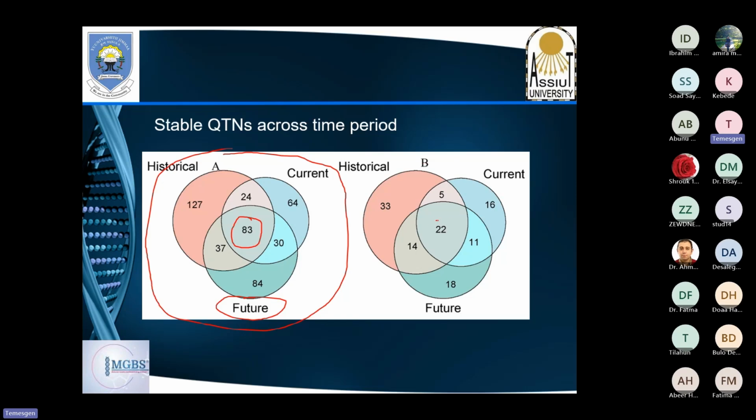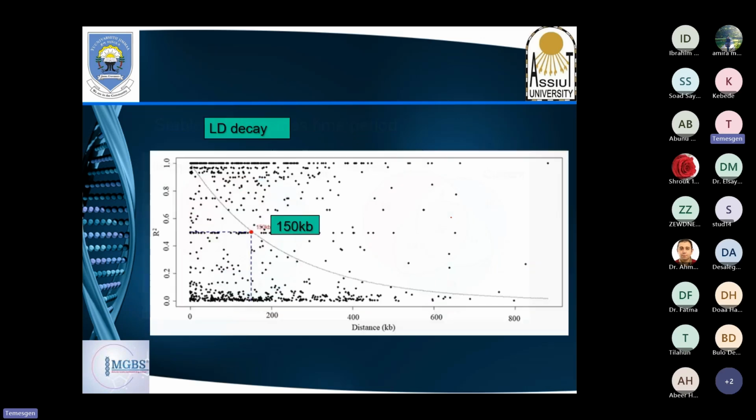Out of this, only 22 markers are more stable. That means they are adaptable across historical, current, and future climate variables. So this indicates that these markers may have something to do with adaptation of this lima bean. This is not published, so we will publish soon.